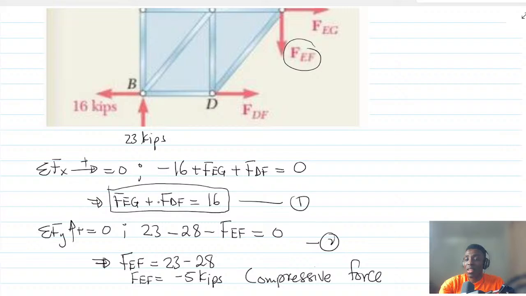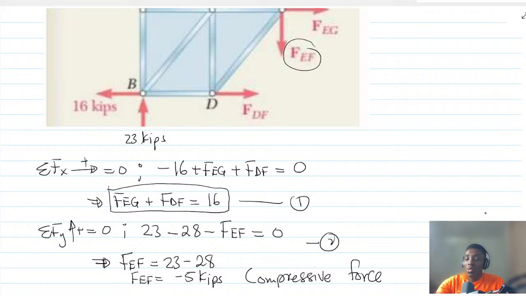I hope the concept is clear. Let me go again. Whenever you are solving a method of section question and you want to find the force in a member, you want to eliminate one of the forces to get the other one. So you take moment at a point so that you can eliminate a force and get the other force.